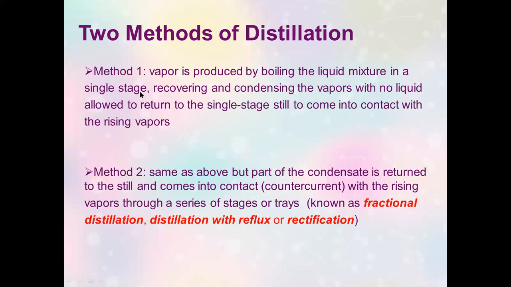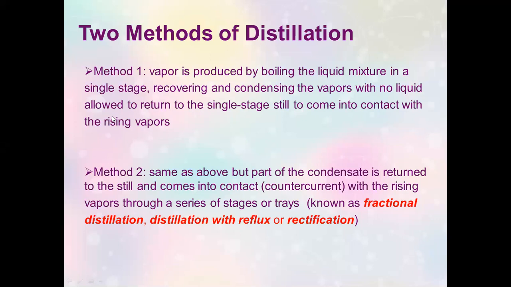This means that in method 1, none of the distilling processes has what we call the reflux liquid, because the boiling mixture is processed in a single stage, the vapor is recovered, and no liquid after condensation is allowed to return to the still. So meaning there is no reflux.